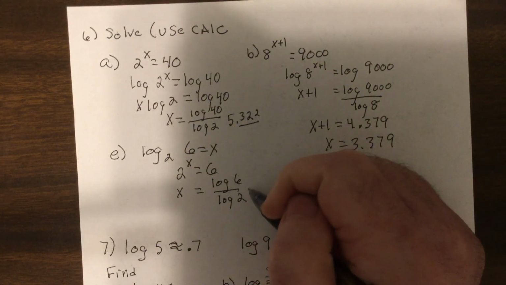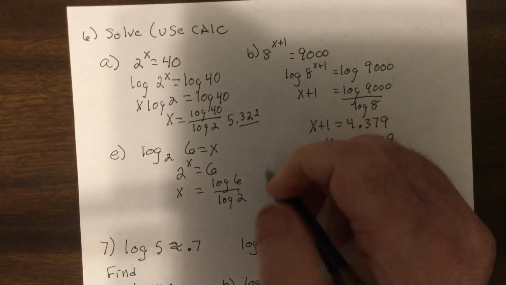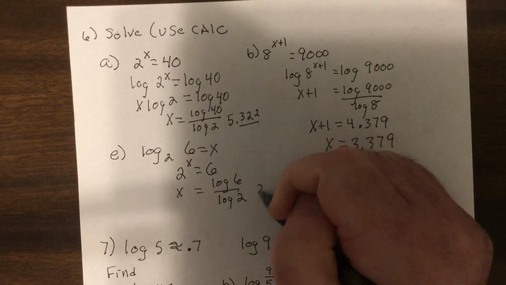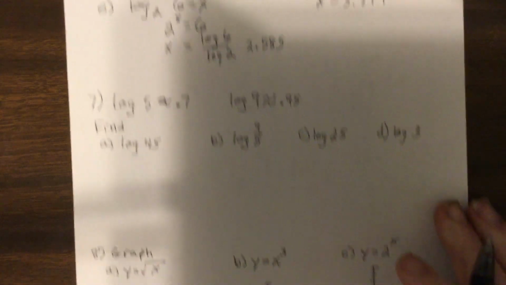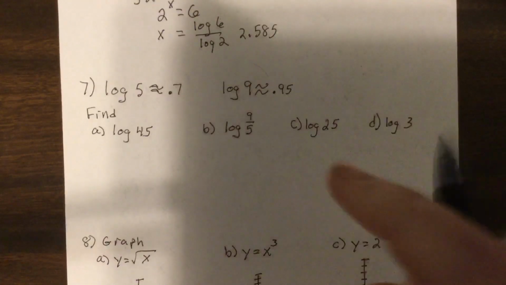We know that 2 squared is 4 and 2 cubed is 8. So this has to be between 2 and 3. So 2.585.